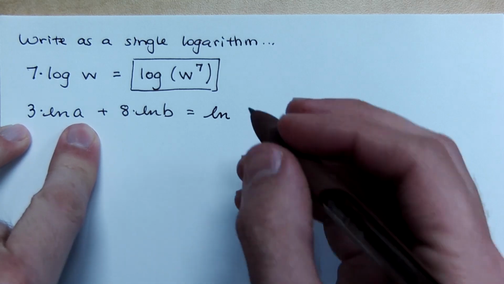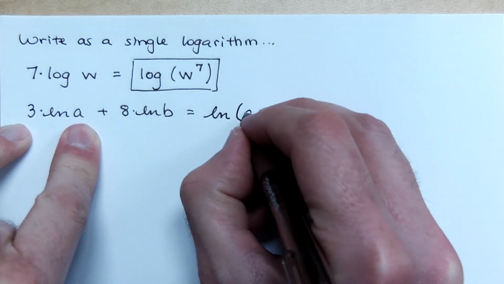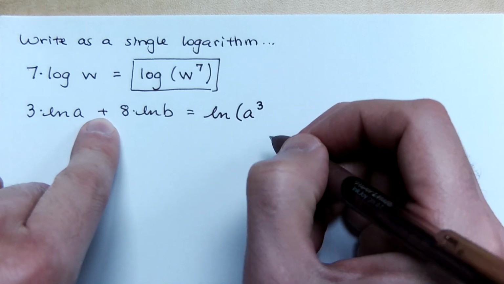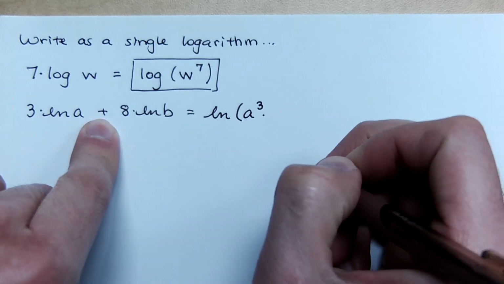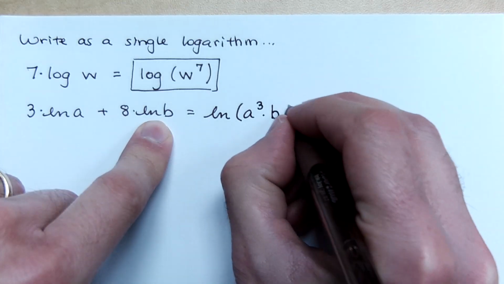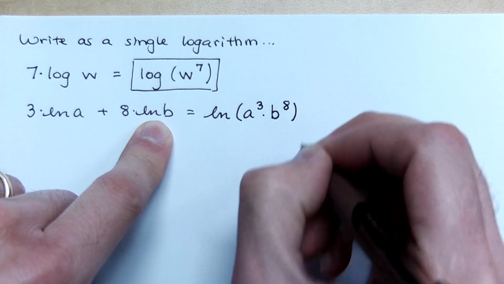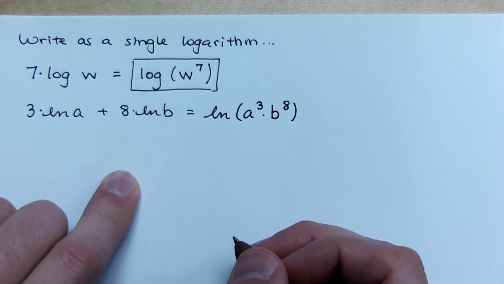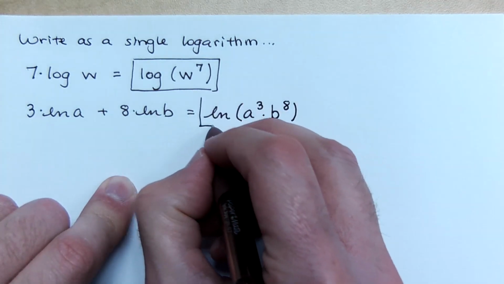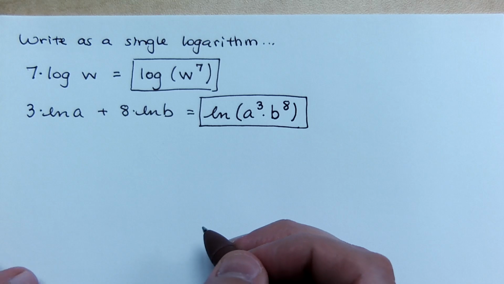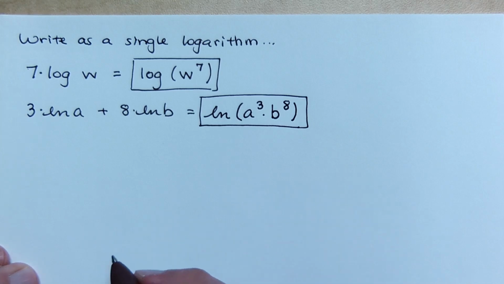A to the third. So inside here it's going to be a to the third, times, right, this addition of logs becomes multiplication on the inside, b to the 8th power. That's what it means to rewrite as a single logarithm. That's just using the properties of logarithms that we talked about last week.